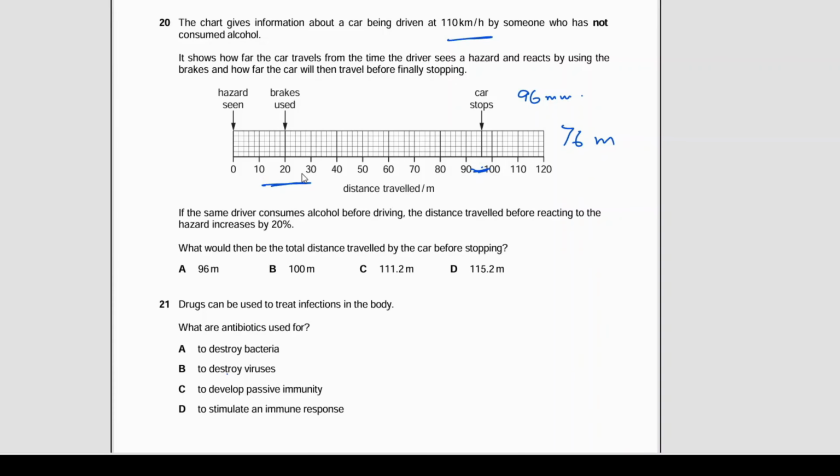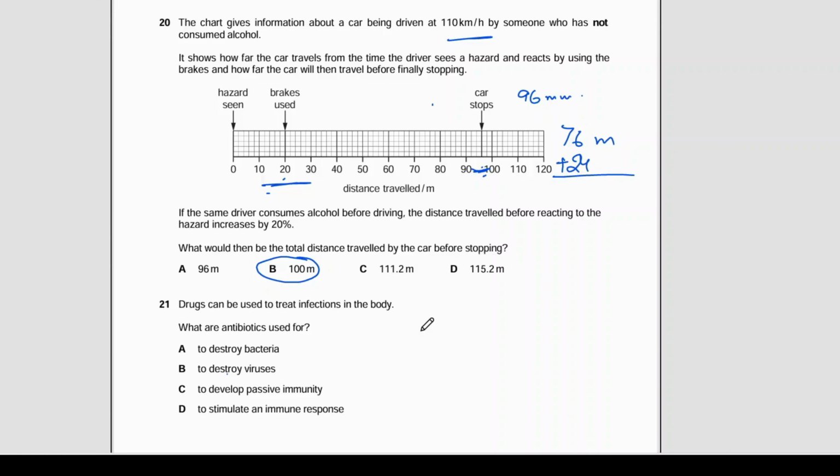It would be 96 minus 20 is 76 meter. So it takes more time exactly. So we would add over here. So what is the 20% of 20? 4, exactly. 24, correct. So it would be 100 meter, correct. I missed this. So I added this information while I need to add this one information. I missed it.